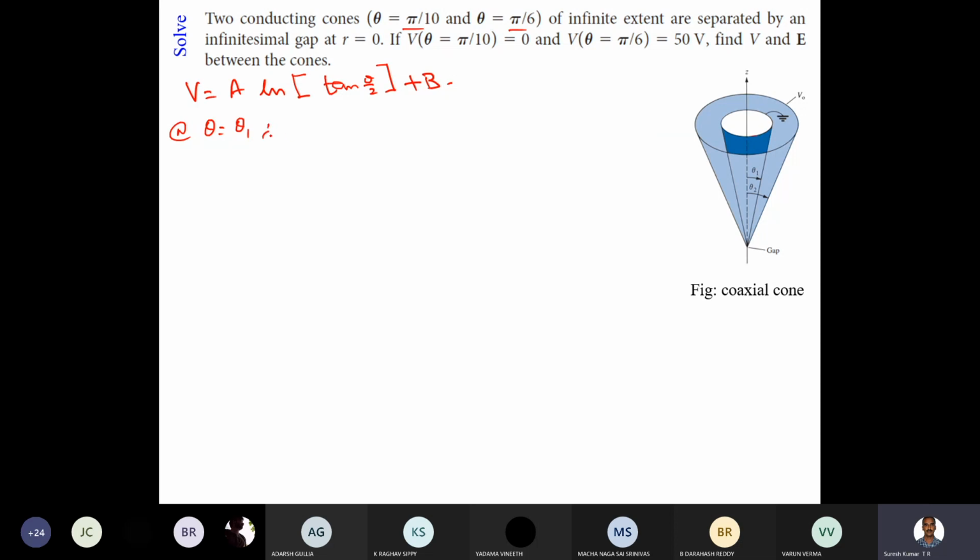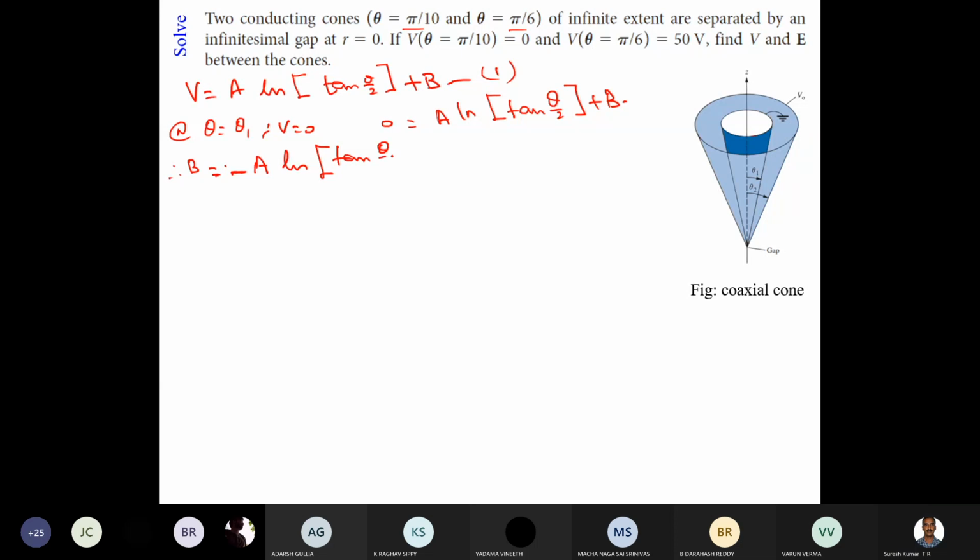At theta equal to theta 1, this inner cone, the potential V is 0. If you apply this into equation 1, then 0 equals A natural log of tan theta by 2 plus B. Therefore B equals the negative of that term. Now you substitute this into equation 1.